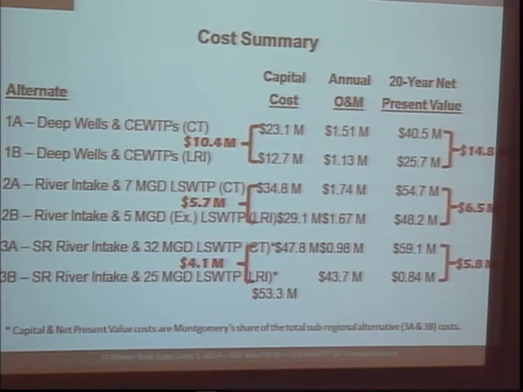The other thing I want to point out, again, we talked about the 20-year net present value. Well, that water treatment plant is going to be there for a heck of a lot longer than 20 years, right? After 20 years, you're not going to close up shop for the village. That's going to have to continue in the future, and that economy of scale will continue to apply. We then ran the numbers for 40 years, and while it doesn't fully tip the scale yet to where the subregional will be cheaper, it gets even closer.